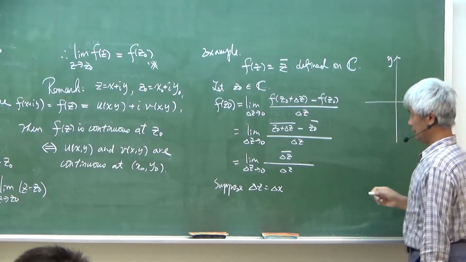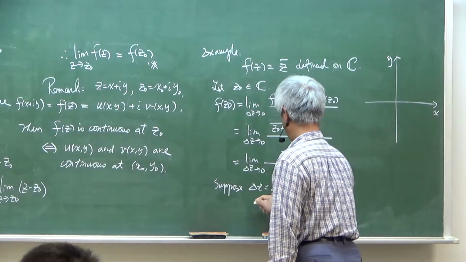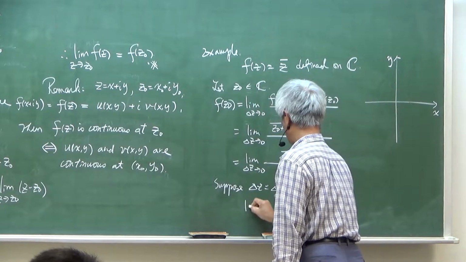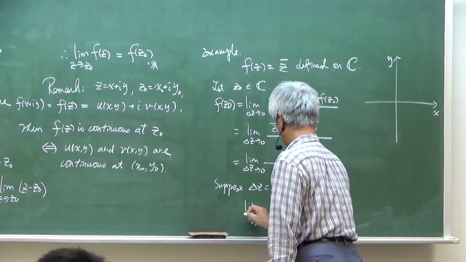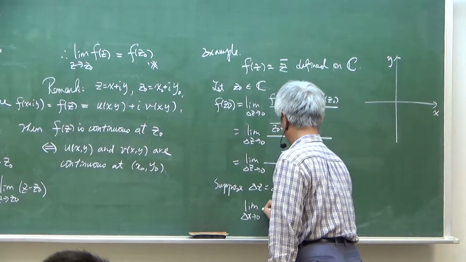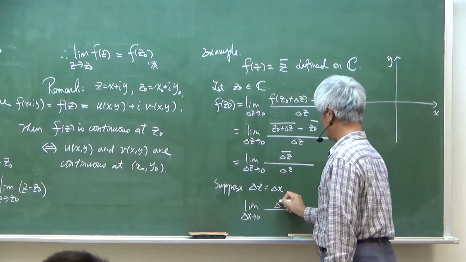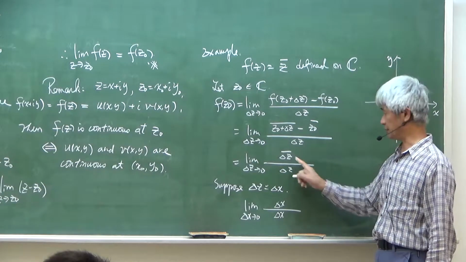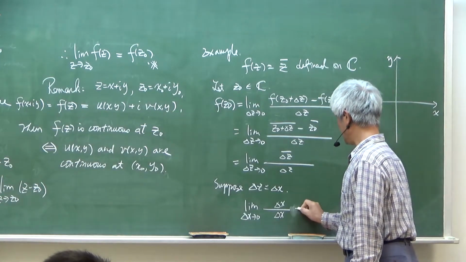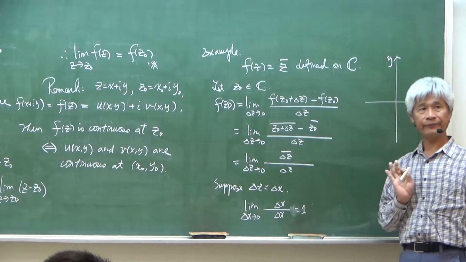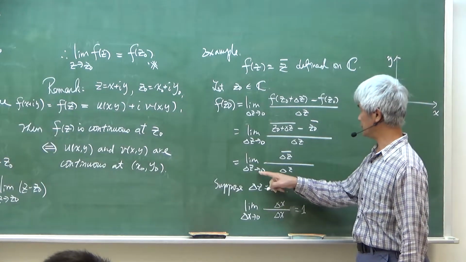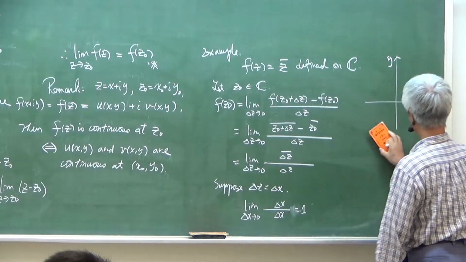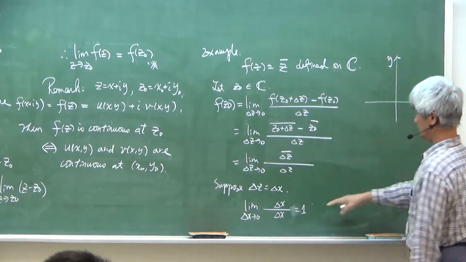In this case, the limit as delta x goes to 0, with delta z equal to delta x, the complex conjugate gives equal to 1, no problem. So when you approach 0 through the real part, the limit of the ratio is 1.